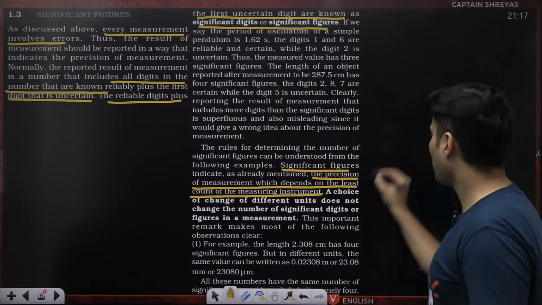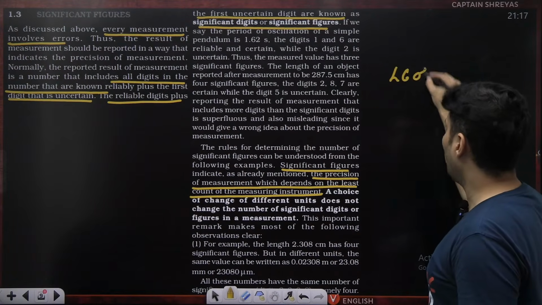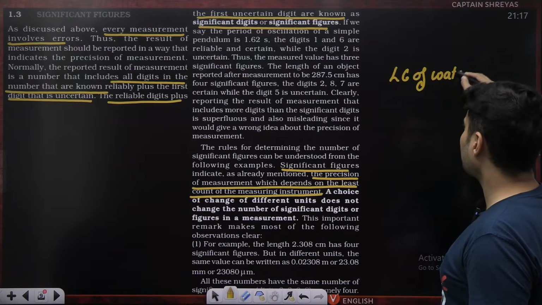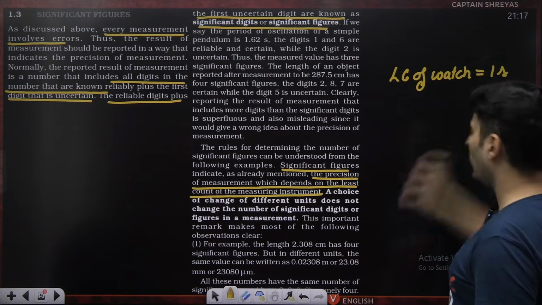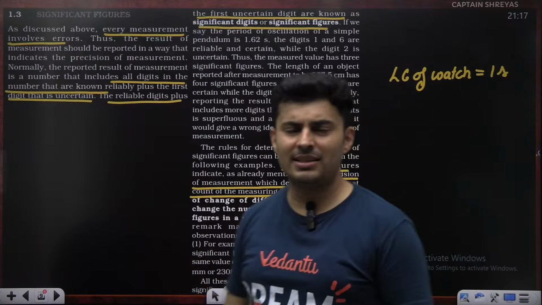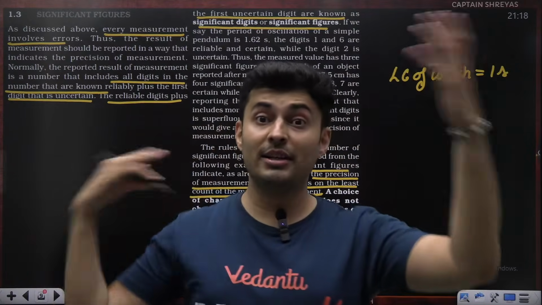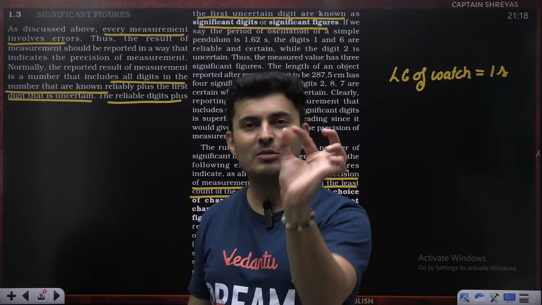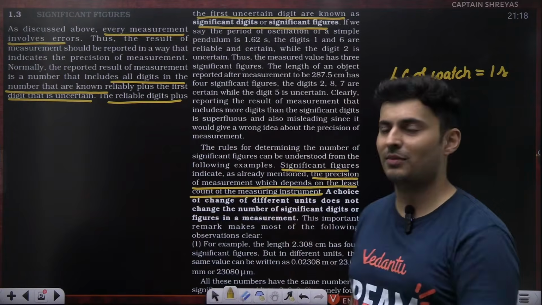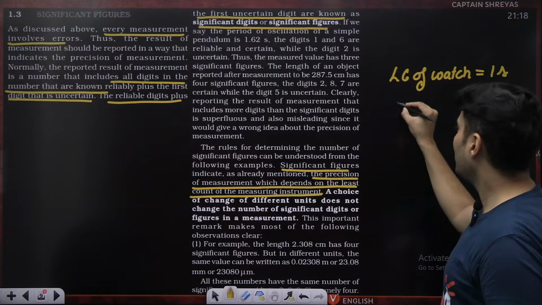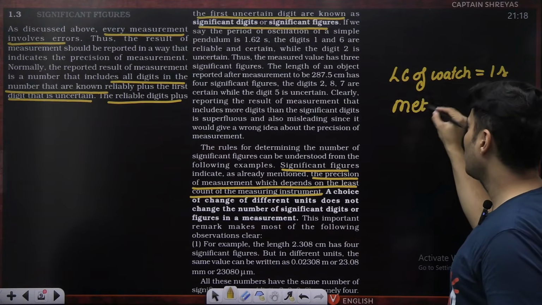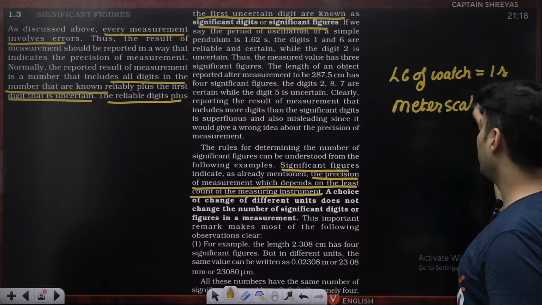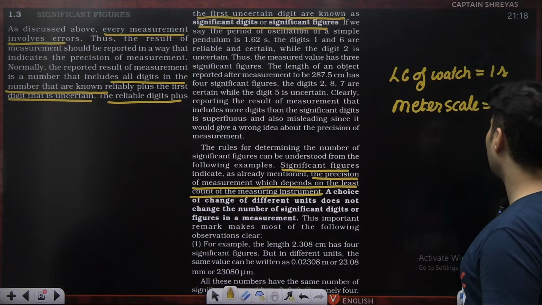For example, the least count of your normal watch is 1 second. No matter what you do, you can't measure beyond 1 second. You can measure an hour, which is bigger than a second, but you can't measure 0.001 second, because the smallest measurement possible in a watch is 1 second. Same way, in your normal meter scale, you can't measure more accurately than 1 millimeter.